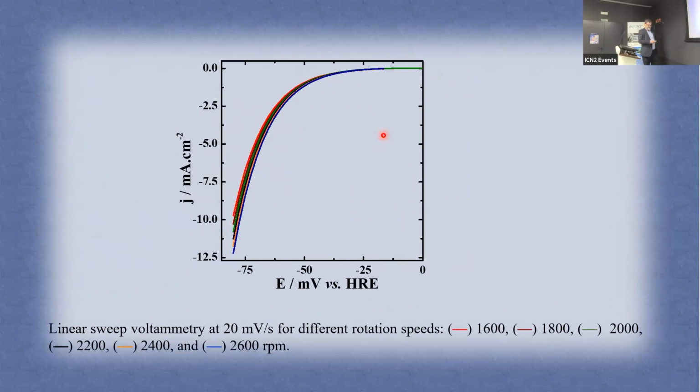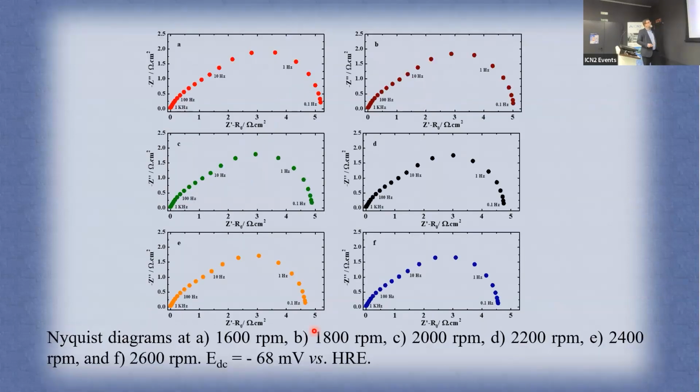And this is the linear sweep voltammetry at 20 millivolts per second for several rotation frequencies, different rotation speeds, okay? And we have done impedance measurements to better understand this reaction.